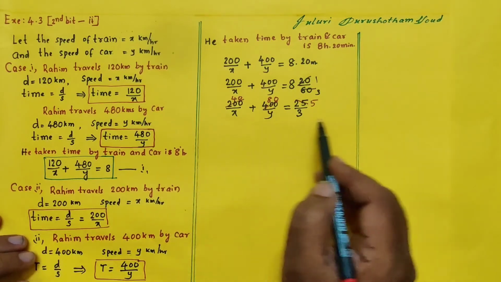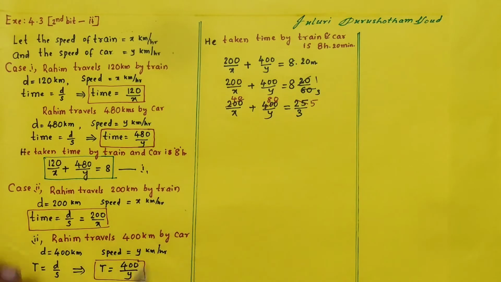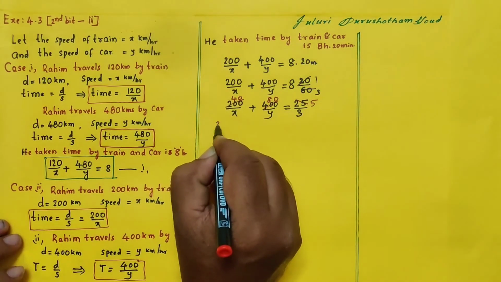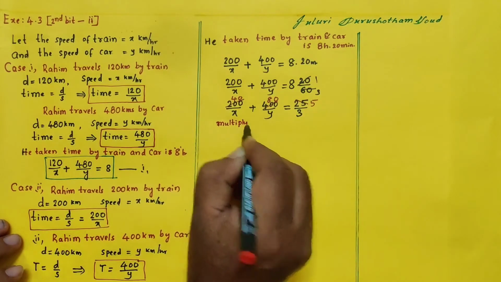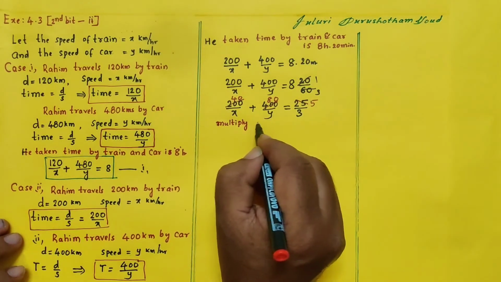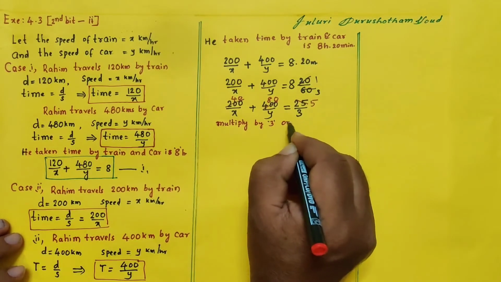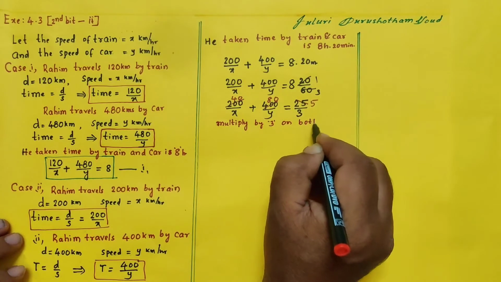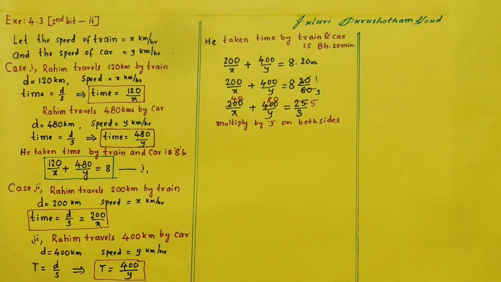If we multiply this equation by 3, 3 forties are 120. That's why multiply by 3 on both sides.